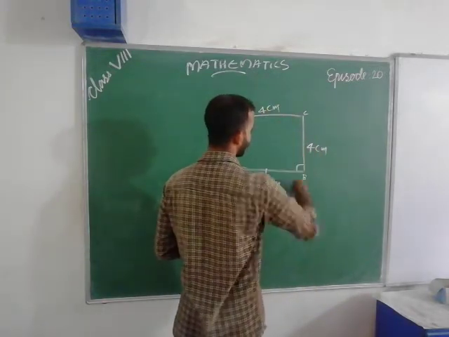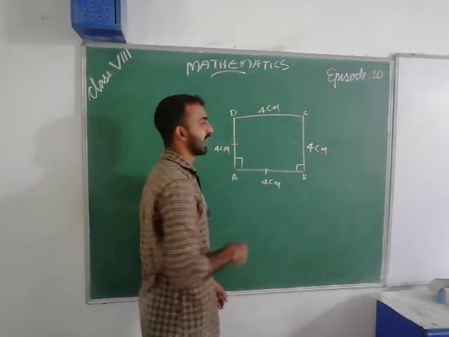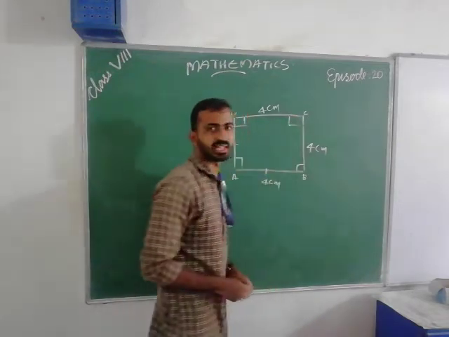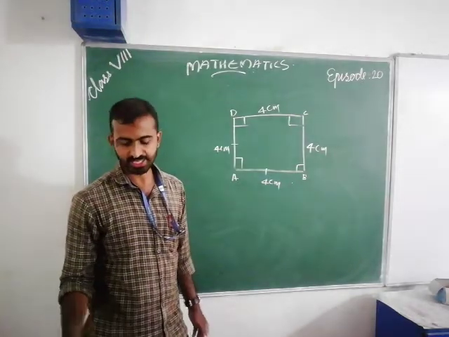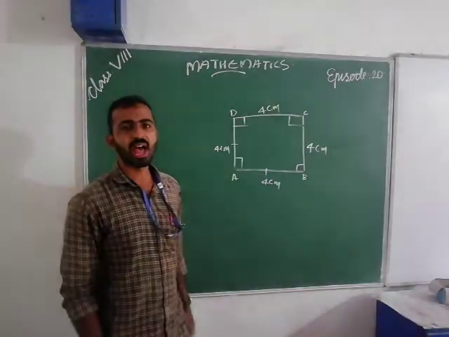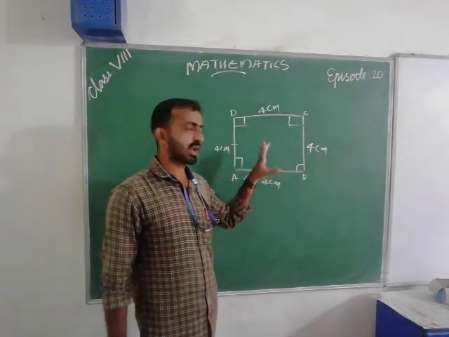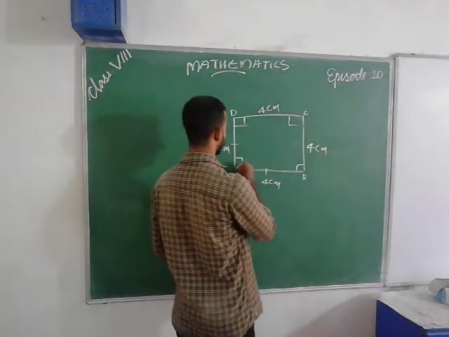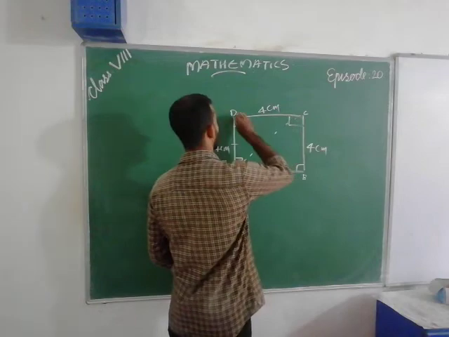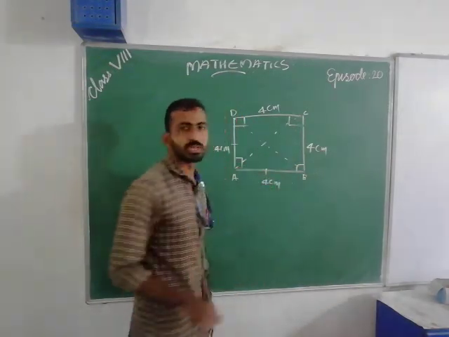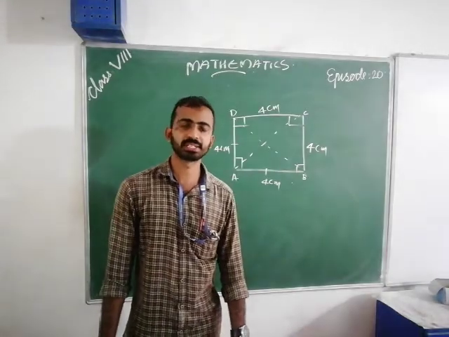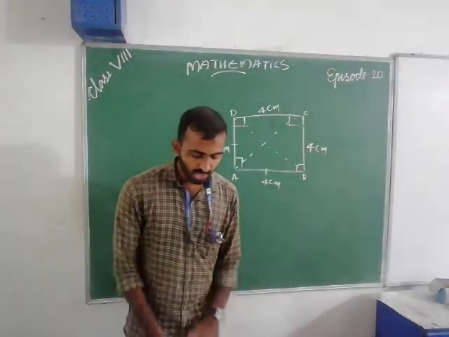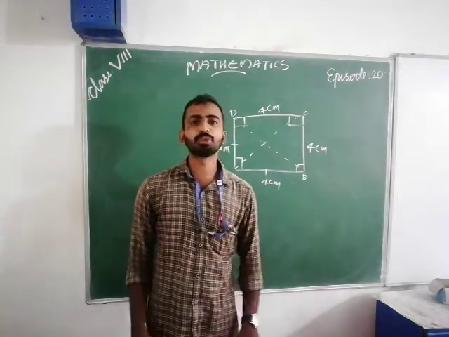And its angles are 90 degrees, here, here and here, all 90 degrees, is it? Yes. All angles are equal and sides are also equal. In the case of diagonals, they are mutually perpendicular and bisect equally.